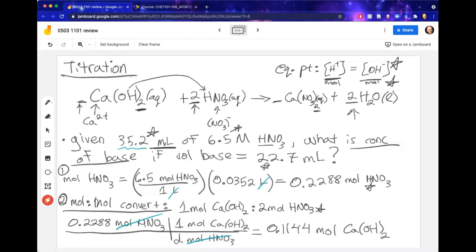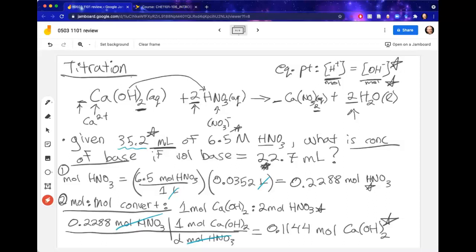The final step in this problem is combining the moles of calcium hydroxide with the volume from calcium hydroxide. And to calculate a concentration, we have to do division, moles divided by liters.